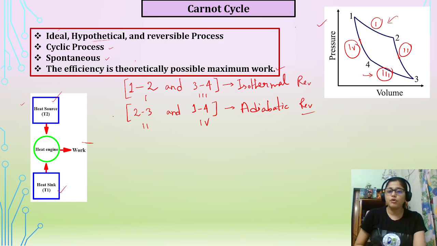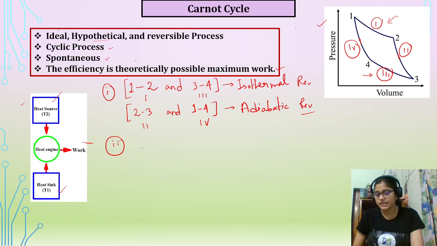What are the other important things? One point is that. Second point is that among these, two steps are expansion steps and two are compression steps. In this graph, if you see, the y-axis is the volume.